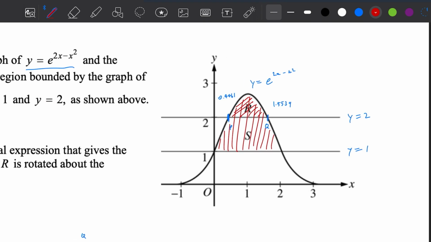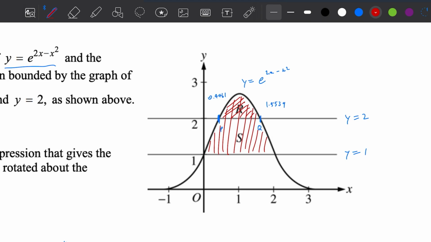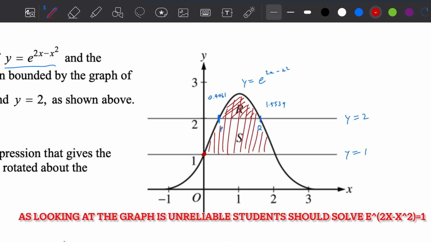We can find the total area of the entire shape bounded by the curve y equals e to the power of 2x minus x squared and the lowest horizontal line y equals 1, with the limits for this total shape being x equals 0 and x equals 2. We can see this by simply looking at the graph, and we can see that x equals 0 and 2 are the points of intersection of y equals 1 and y equals e to the power of 2x minus x squared.